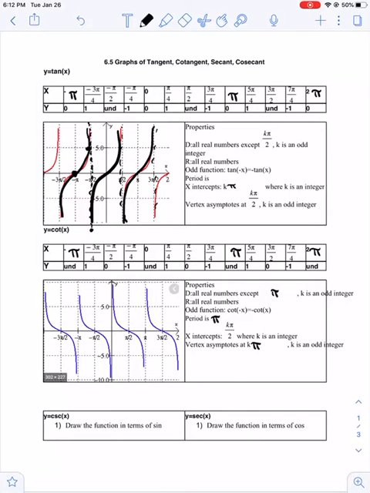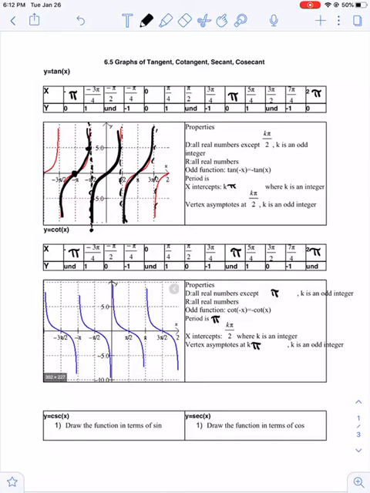So every pi over 2 away is an asymptote. So the domain is all real numbers except for pi over 2 times k. The range, that is our y values, and the tangent graph goes up and down forever. So the range is all real numbers.